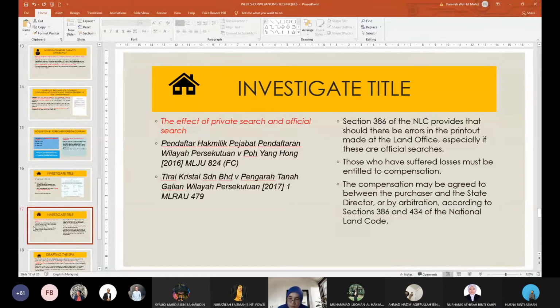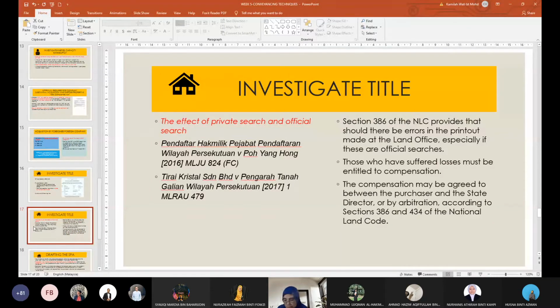Satu title number 103, satu lagi title number 456. So on a piece of land, the land office had actually issued 2 title. So sekarang ni purchaser ni beli tanah yang 102 ni. Tapi bila dia orang buat carian dekat pejabat tanah, keluar particulars of 102 punya maklumat. Tapi at the same time, at the end of the transaction tu, bila dia do another search, dia orang dapati tanah ni juga ada satu lagi geran lain yang dimiliki oleh orang lain.